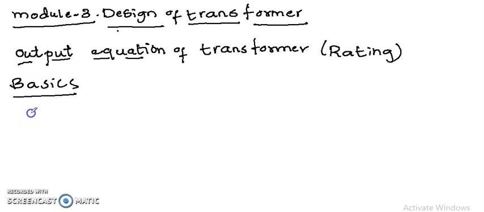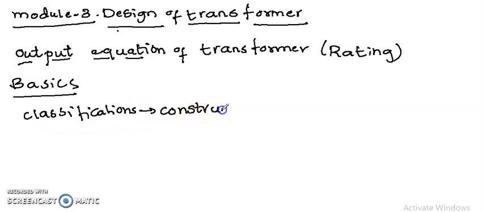we can classify transformers in two ways. What are those? Classification of transformer based on construction: core type transformer and shell type transformer.